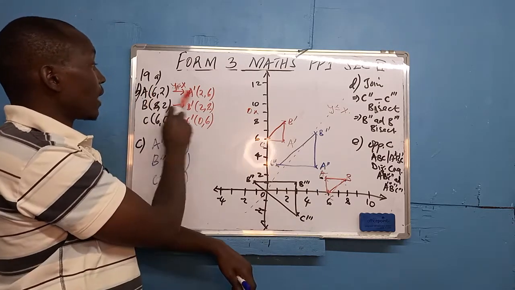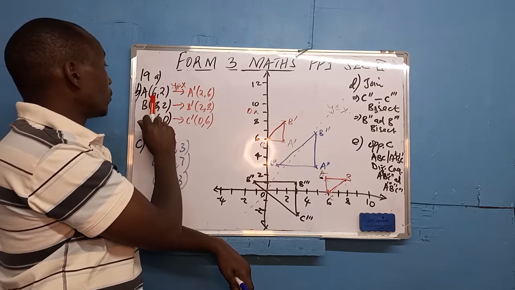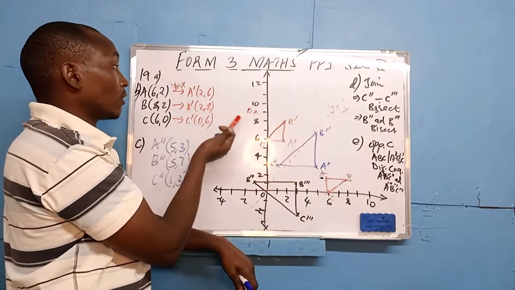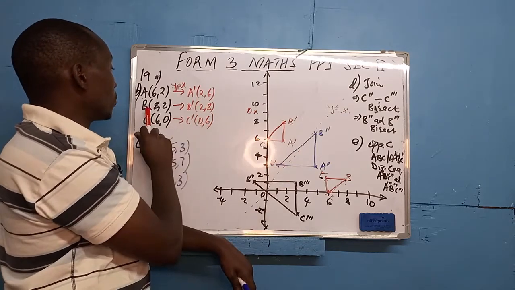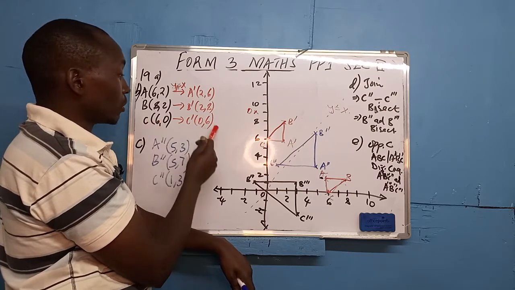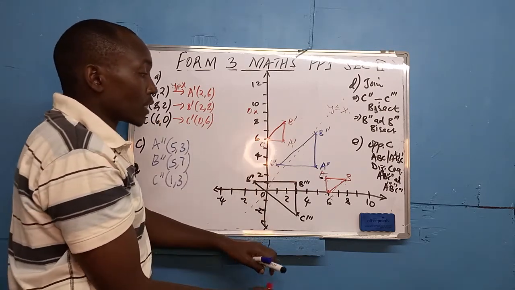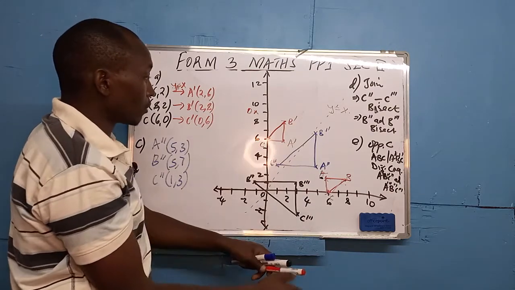Actually, what exactly happens is the interchange. If the coordinate was (6, 2), then the image of A will be (2, 6). B was (8, 2), then it will be (2, 8). If it was (6, 0), then it will be (0, 6). Actually, the points are just interchanging. And once I have the coordinates, then I can plot the point.